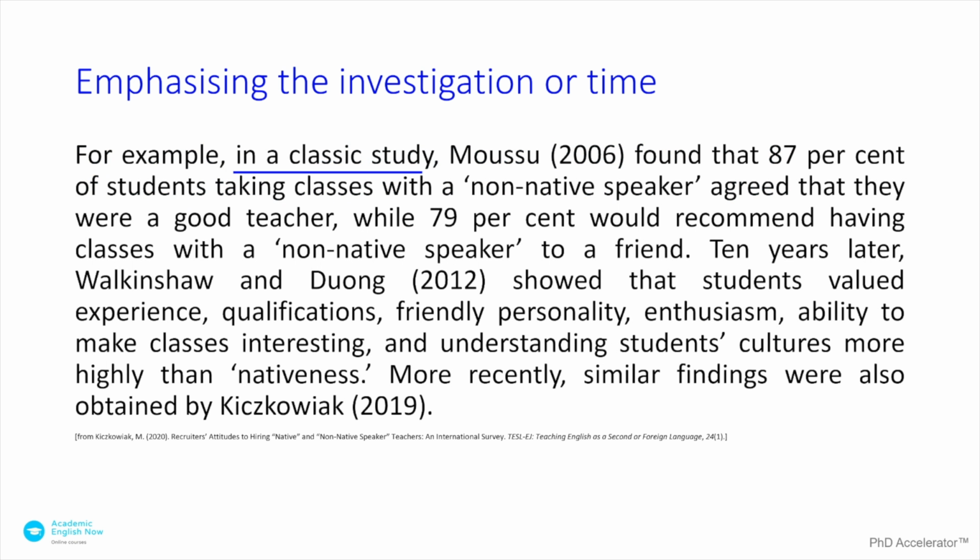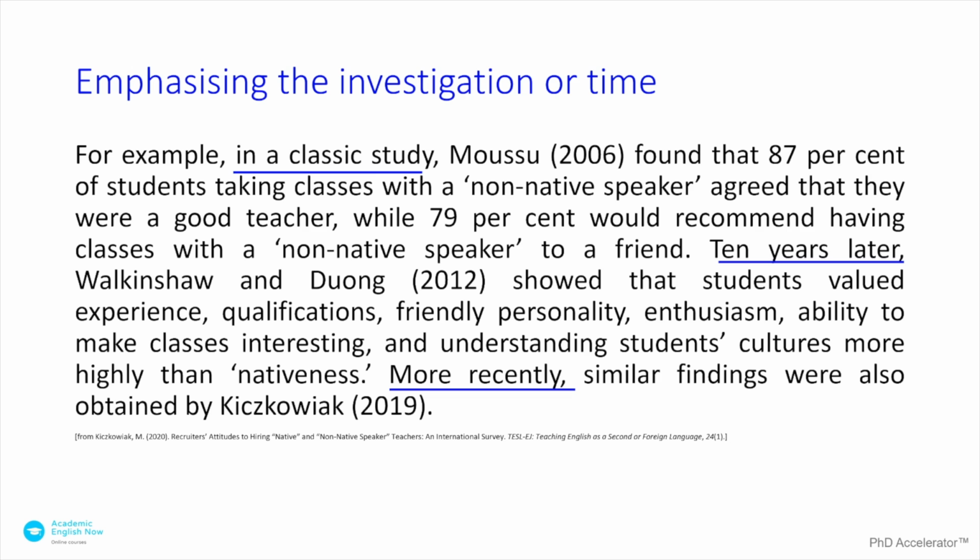So we can say things like in a classic study, right? And then 10 years later, and then more recently, right? So in here we have a bit of a chronological development because you can see that the first study mentioned is 2006, then we've got 2012 and 2019. So I'm starting with a classic study because that was the first study, let's say, to do something. Right?